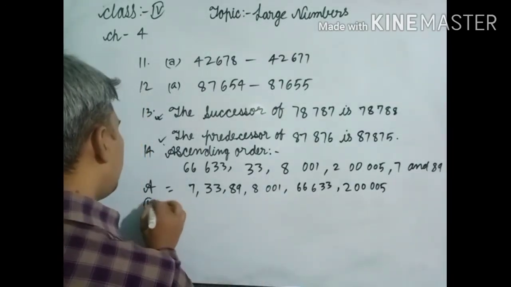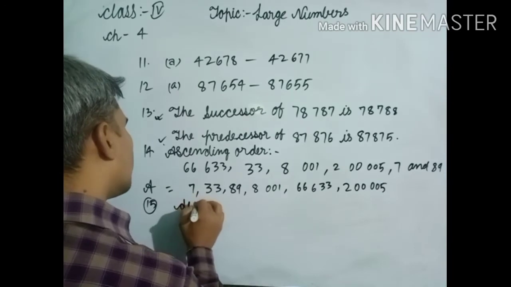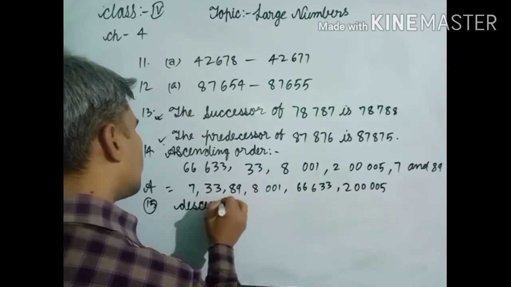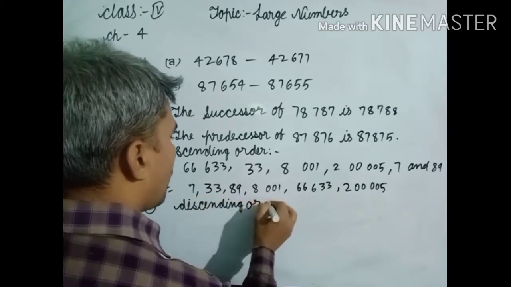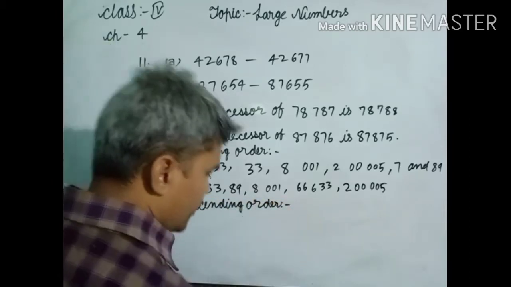Now question number 15, descending order. How to arrange in descending order?